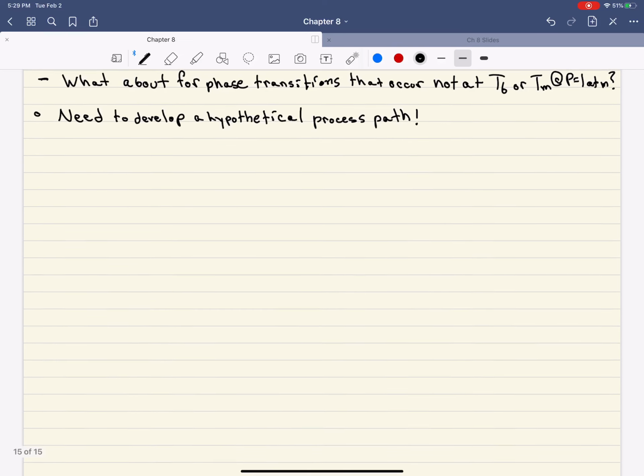And so here's the general idea for how you employ a hypothetical process path. General idea, calculating delta H or delta U for phase changes. Okay?